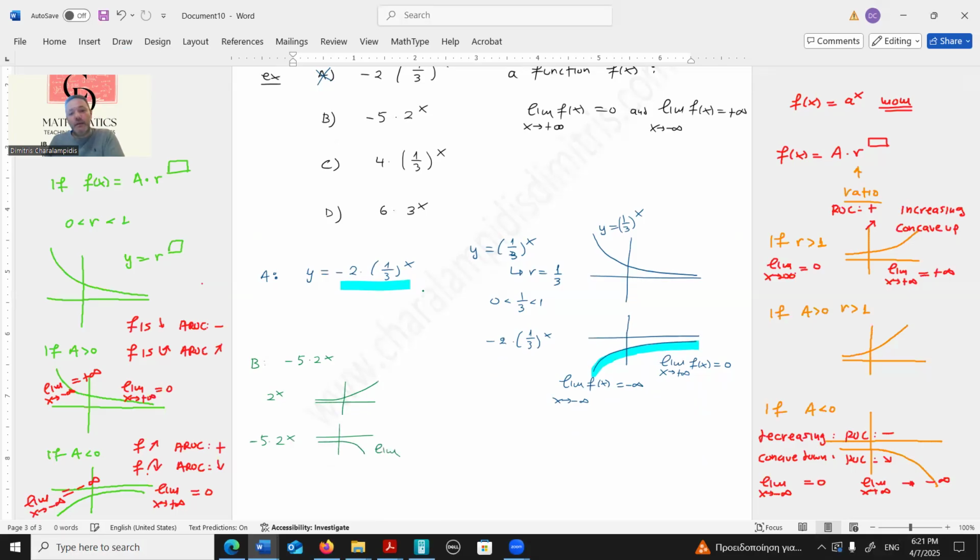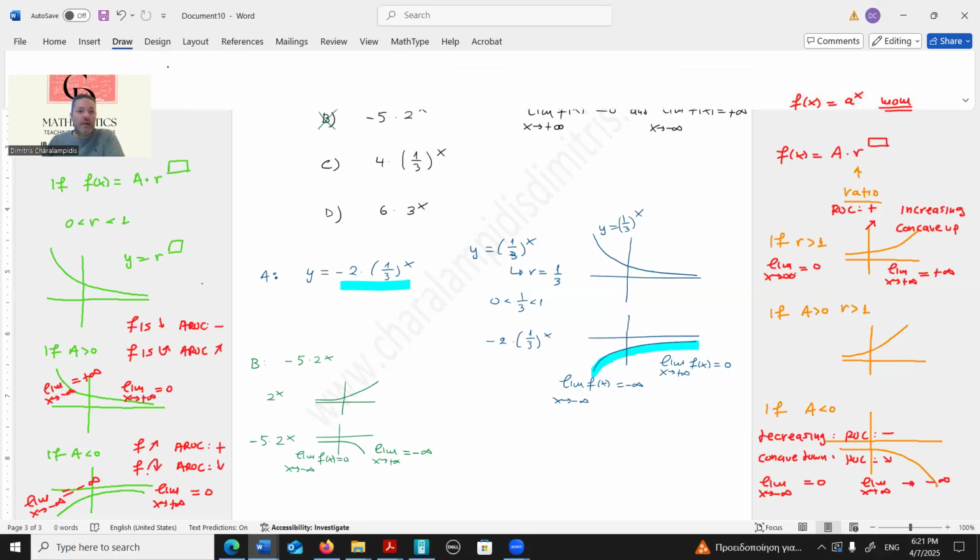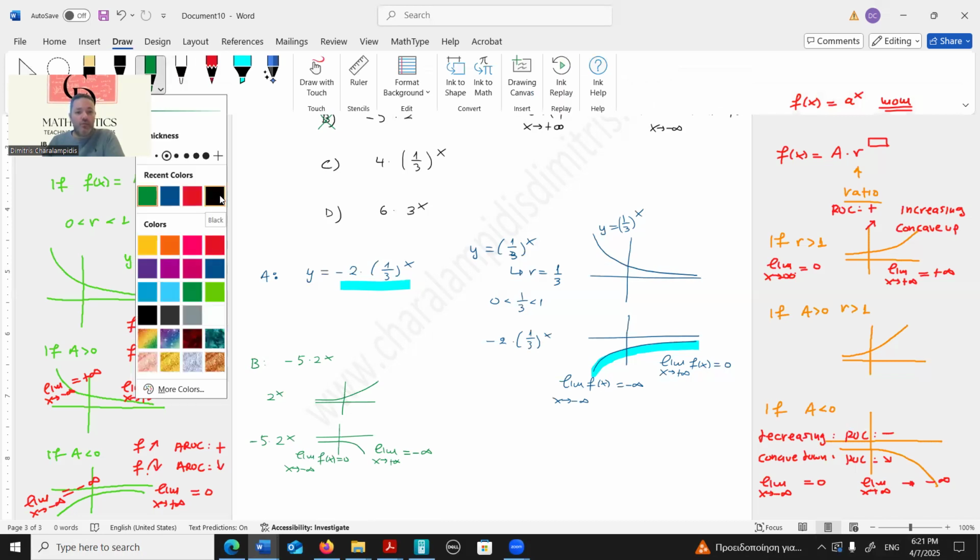With regards to the end behavior, when x tends to plus infinity, it is minus infinity. And when x tends to minus infinity, it's equal to 0. So no, it can't be B also. Let's work then with C.